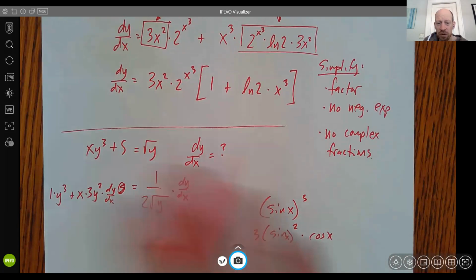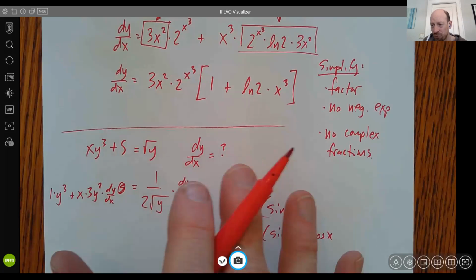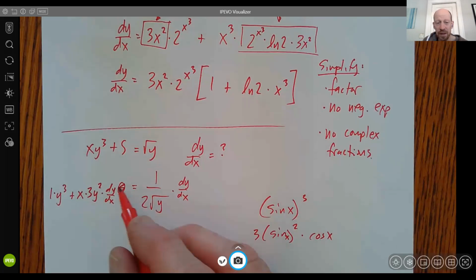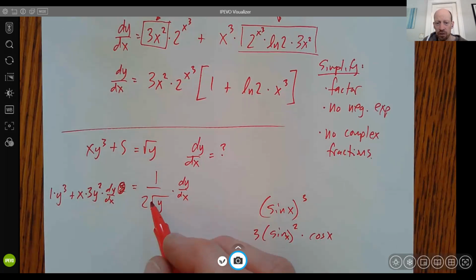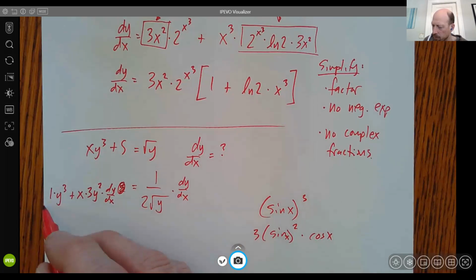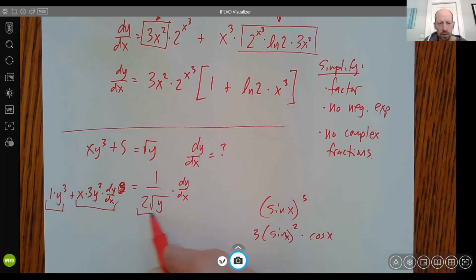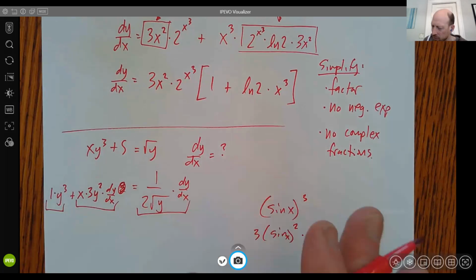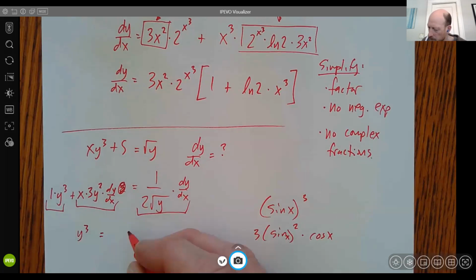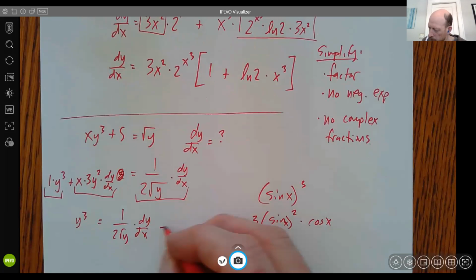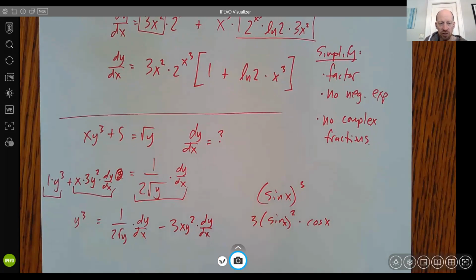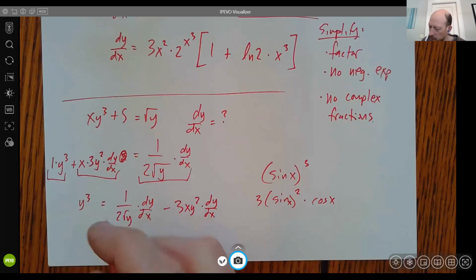Whenever you do a derivative implicitly, after you've taken the derivative, hopefully properly, then there's just some algebra to rearrange it. So when I look at what I've gotten here, I have 3 terms. I want to move all the terms with dy dx to one side so that I can factor the dy dx out of those terms.